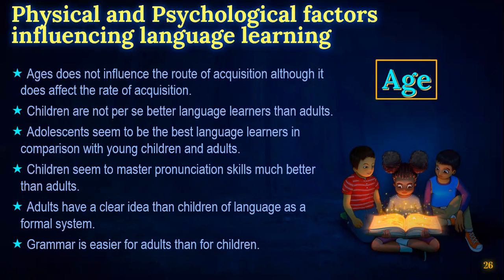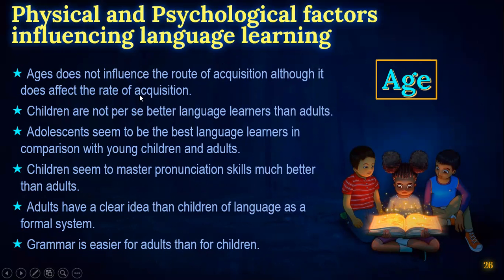Adults have a clearer idea than children of language as a formal system, and grammar is easier for adults than for children. There is a lot of investigation about this, and they continue research about this factor, the age, because nothing of this is a statement.